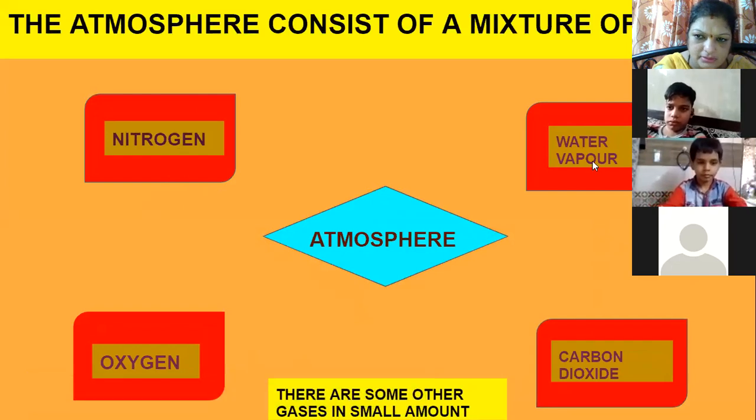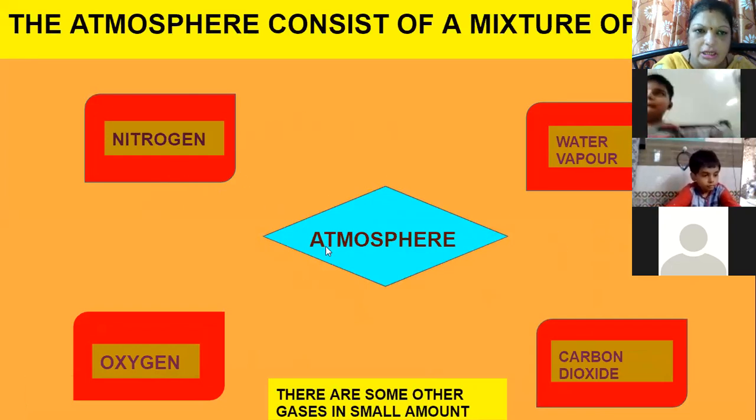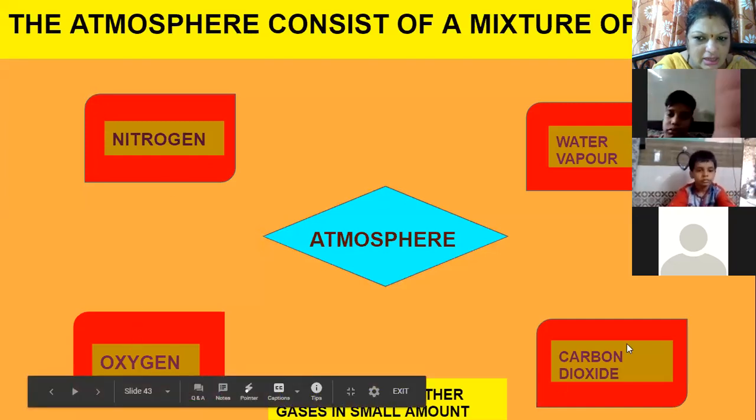Water vapor, the steam of water, that is water vapor. So our atmosphere consists of nitrogen, oxygen, carbon dioxide, water vapor, and a small amount of other gases also.